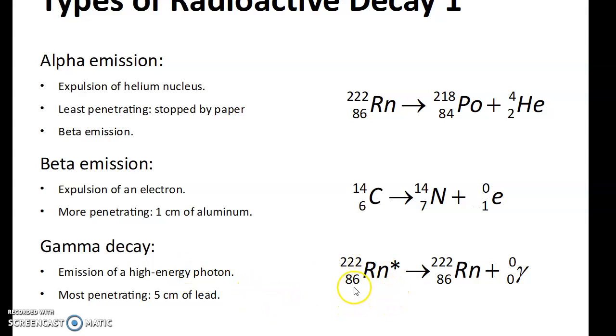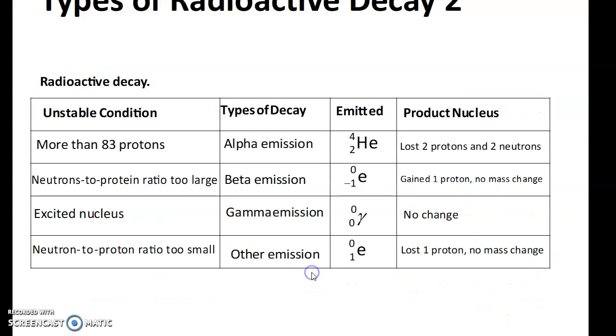So these remain the same, but this is activated and it gives off high energy gamma rays. So these are the different ones. More than 83 protons, you get alpha emission. Neutron to proton ratio too large, you get beta emission. Excited nucleus, you get gamma emission.